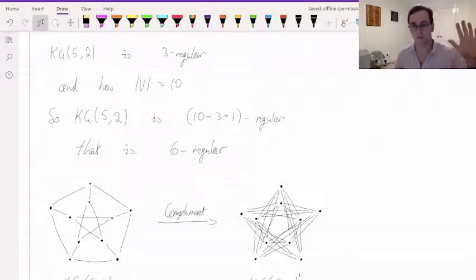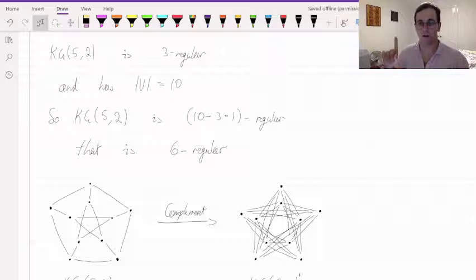So we take our vertex set, we remove 3 from the count for the 3-regularity, and then remove 1, which refers to the point itself. We can see that each point will have degree 6, which means that the complement will be 6-regular. And as you can see, I checked very carefully, hopefully I haven't missed one, the complement of the Petersen graph. It's a little messy.